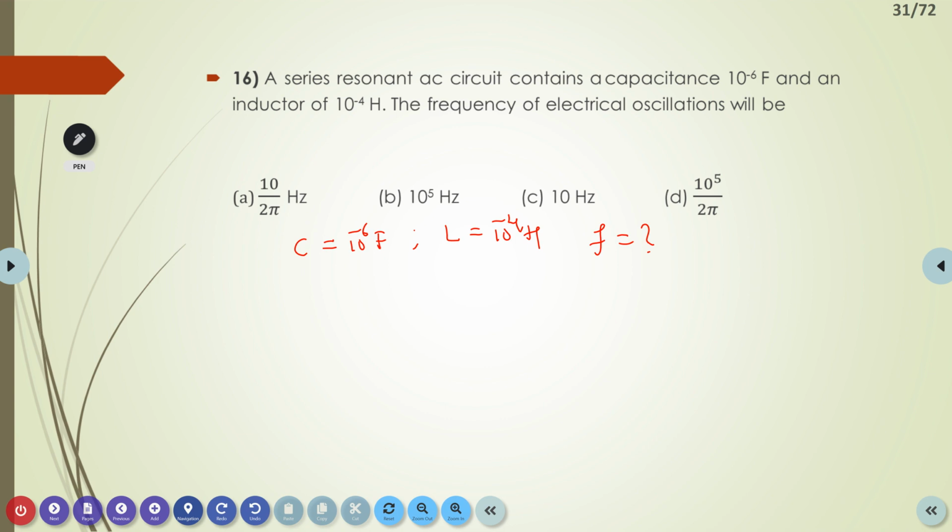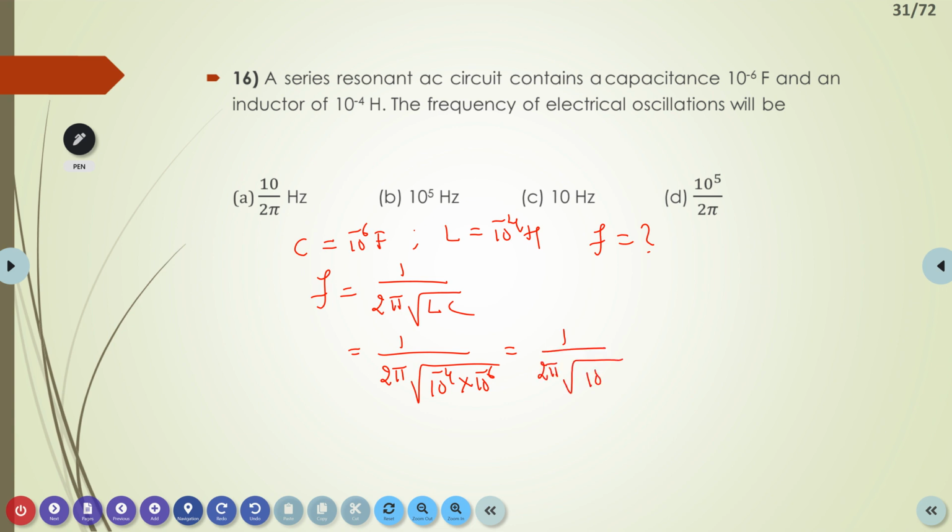It is an LC resonant circuit. F equals 1 divided by 2 pi square root of LC. Use this equation and substitute all the values. This is equal to 1 divided by 2 pi square root of L, whose value is 10 to the power minus 4, times C, 10 to the power minus 6, which is 10 to the power of minus 10.